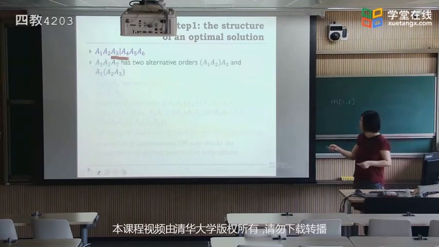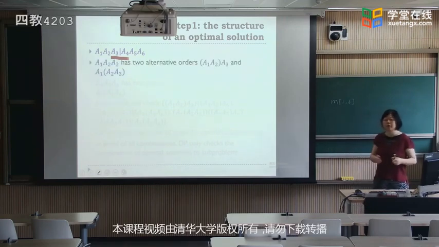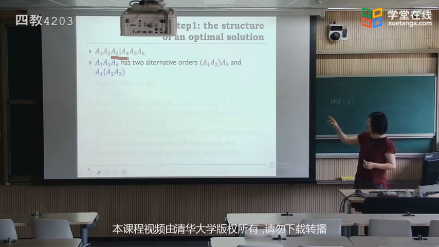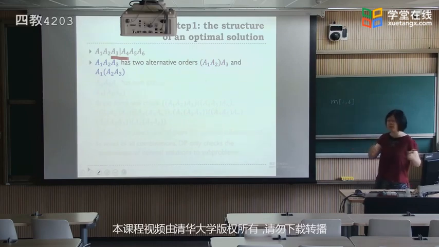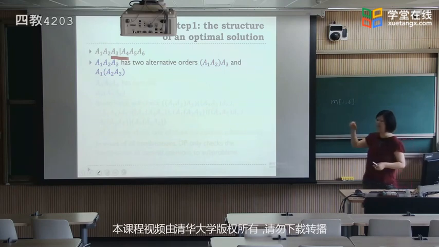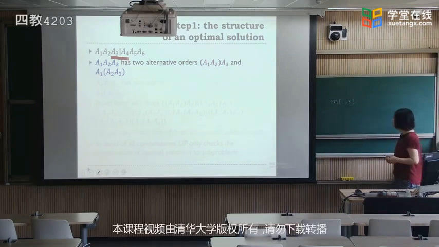Then we have 2 smaller subproblems. The multiplication of A1, A2, and A3 is one subproblem, and the multiplication of A4, A5, A6 is another subproblem.